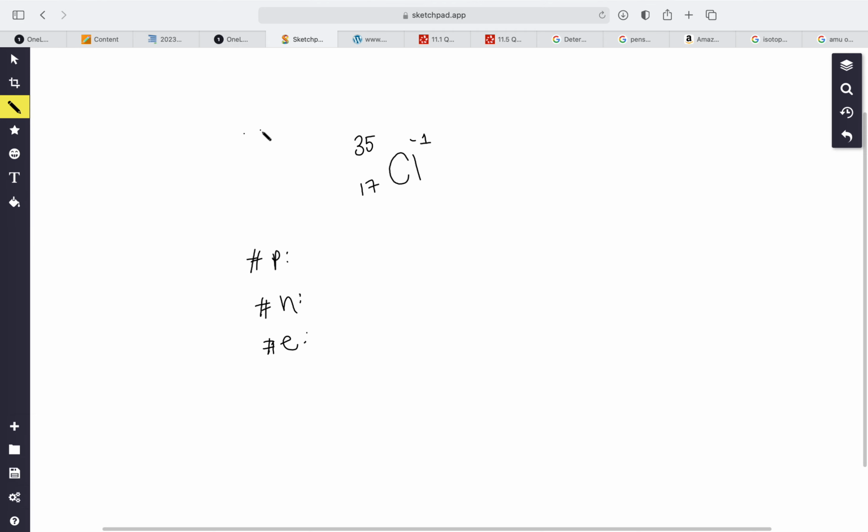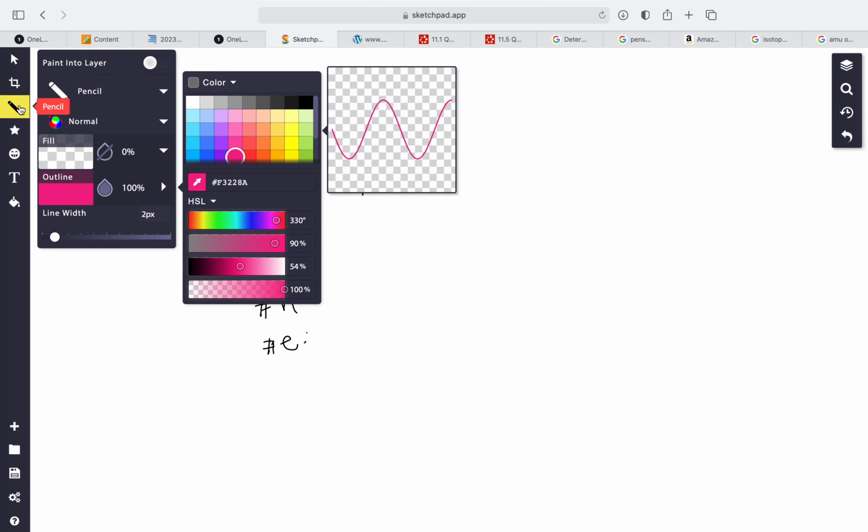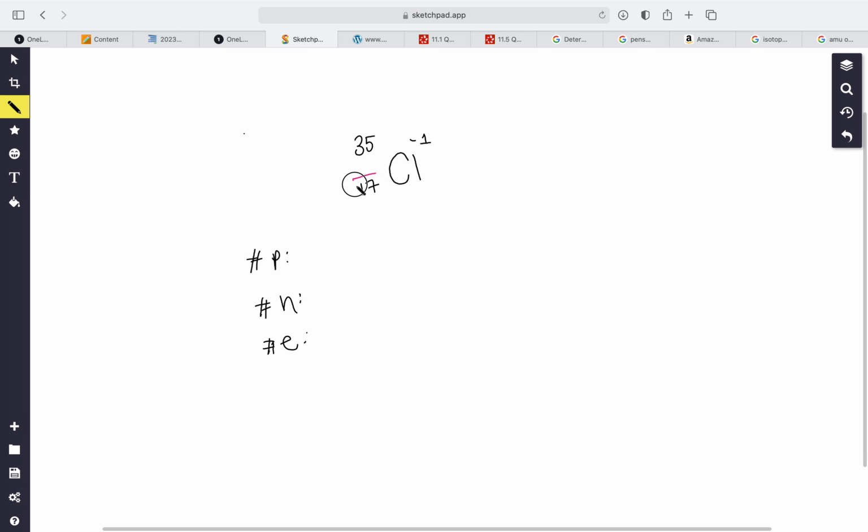Okay, number of protons. Easy, right? We're doing that same process from before. We're just looking at this number here and we're saying, hell yeah, that was easy. We got 17 protons. Next step, to get the number of neutrons, we take the mass of 35 and subtract 17 from that, which I need a calculator for because my mental math has run out.